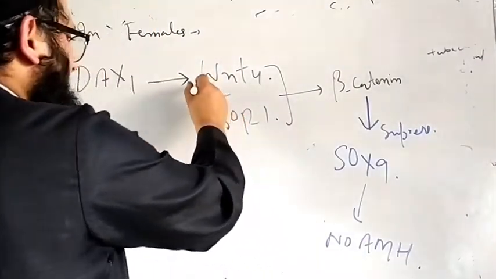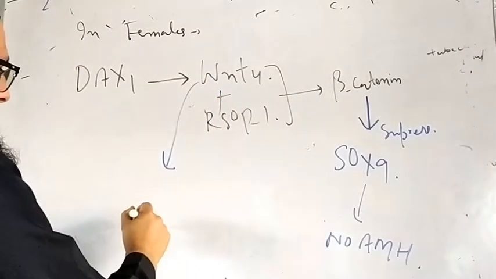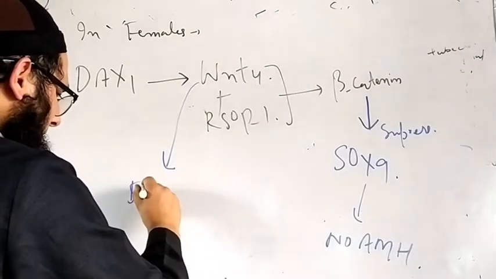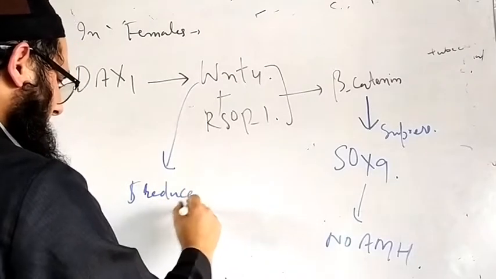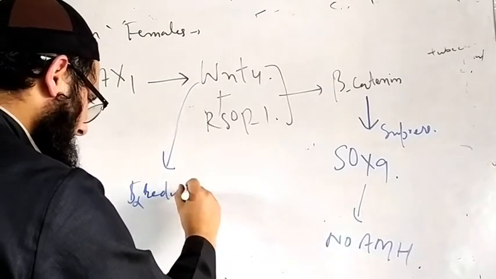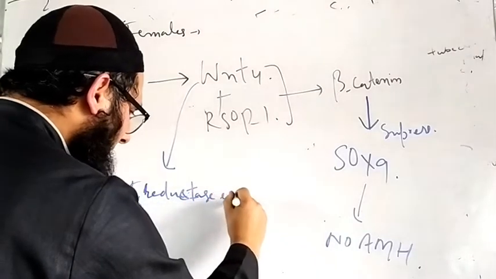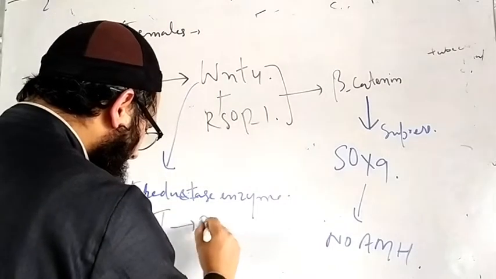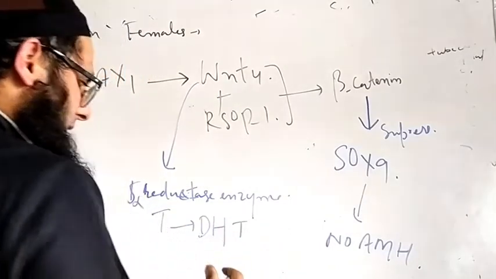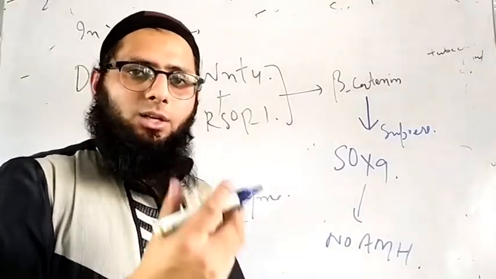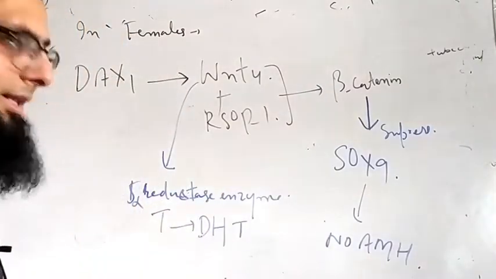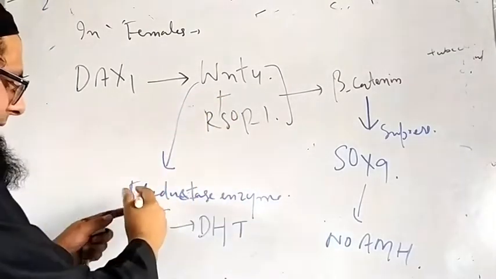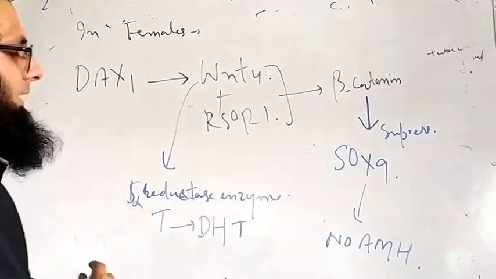On the other hand, this WNT4 gene will also suppress the activity of the 5-alpha reductase enzyme, which is very important for conversion of testosterone into DHT, dihydrotestosterone, which finally causes the differentiation of the genital tubercle into the penis, prostate, and scrotum. So this will inhibit the activity of 5-alpha reductase enzyme as well.